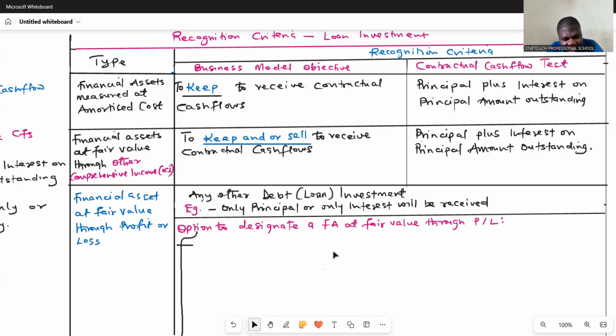Please, I'm back again. Your last explanation gives me a better understanding. I want to find out: for instance, if I have a financial asset and the right place to classify it is financial assets at amortized cost, but if I classify it there it will cause an accounting mismatch, then I can't classify it there, but rather I should bring it under financial asset at fair value through profit or loss.